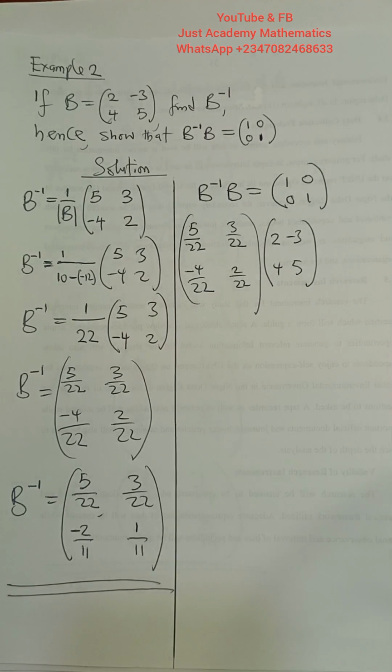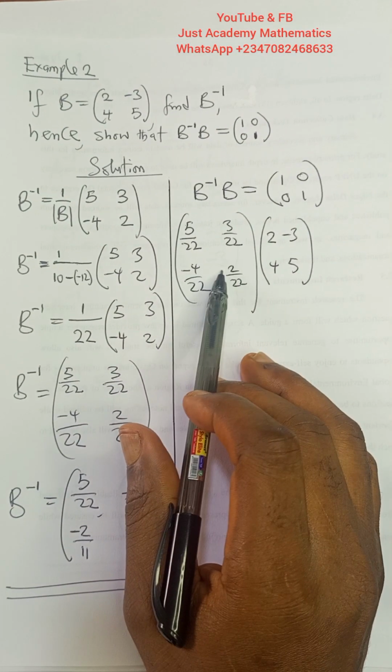Now, of course, let's go ahead and multiply. But before then, to make it easy, I want to show you something. It's better we bring out the common 22.